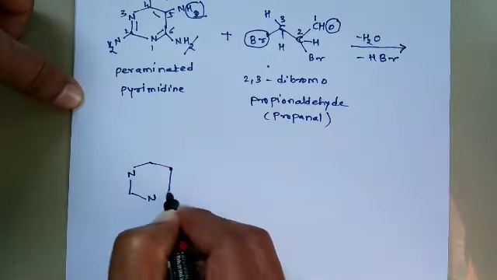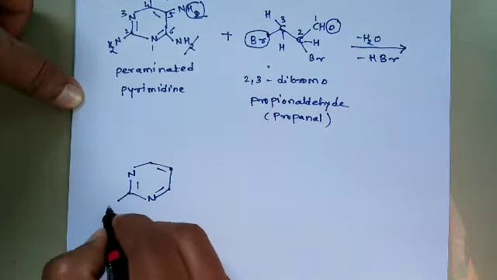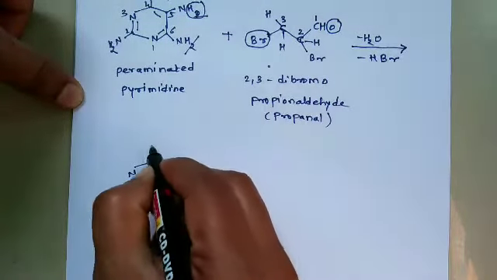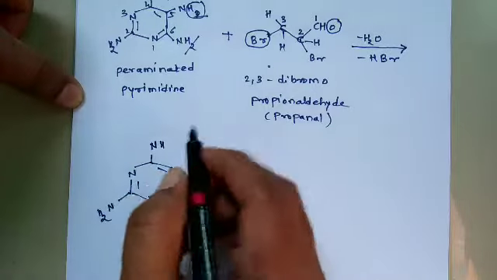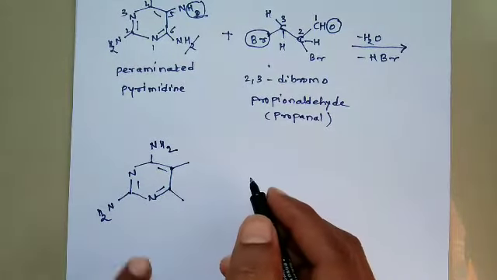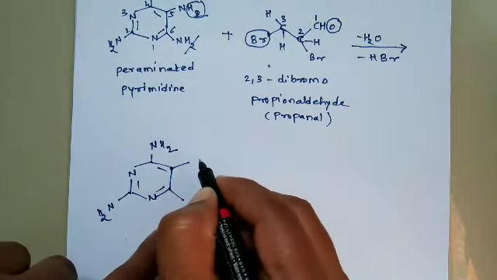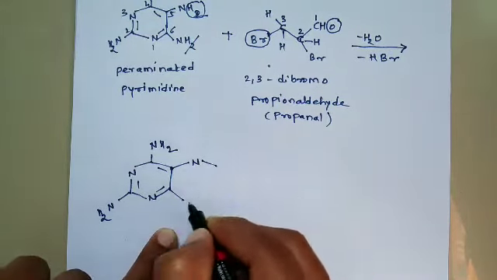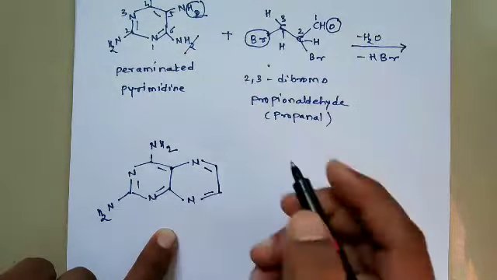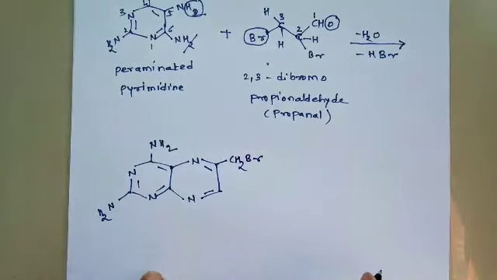That is a pyrimidine molecule. We have to write the structure again. Pyrimidine molecule, the second position has an NH2 group, then the third position has a nitrogen, the fourth position has again an NH2 group, and cyclization occurs at the fifth and sixth carbon with formation of a bicyclic compound, that is the first intermediate that will be formed.